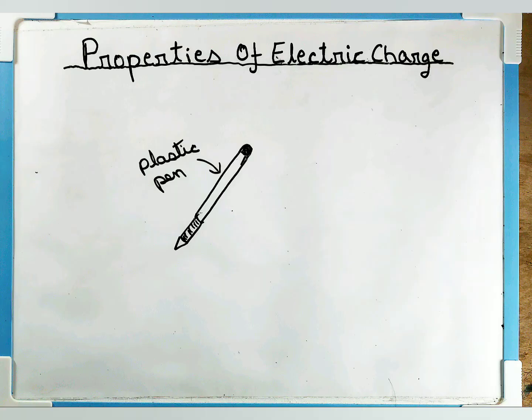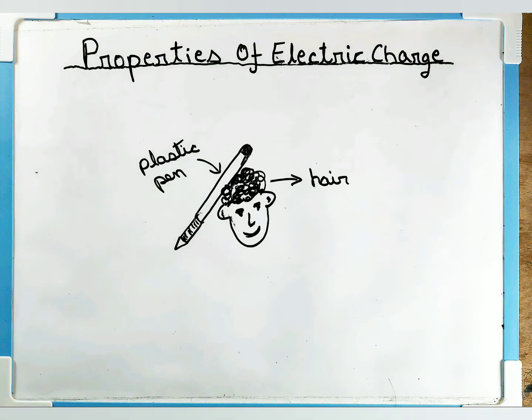So why does this happen? If I rub this plastic pen on my hair, now the hair is also neutral at first, and as I rub the pen on my hair, there's friction between the pen and the hair.